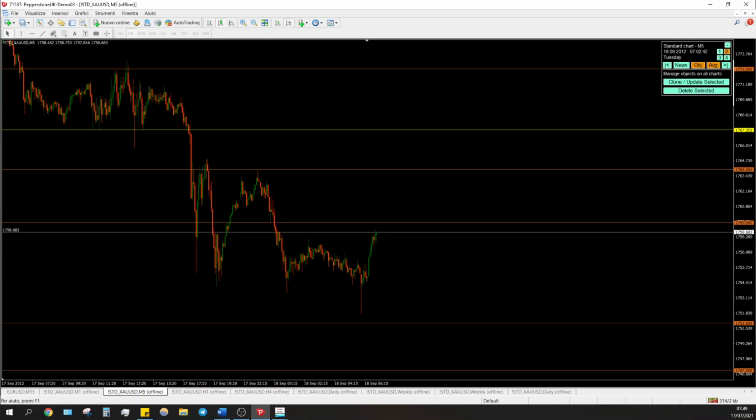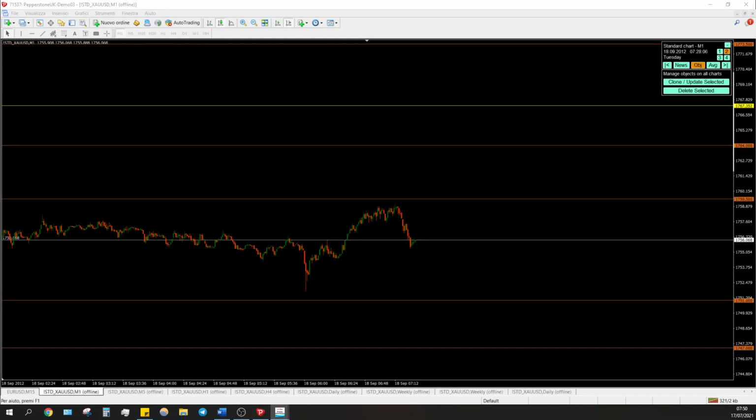Remember, we are in London now. And on the opposite, we are seeing the sells playing out for already 40 pips. We see reaction at the key level.